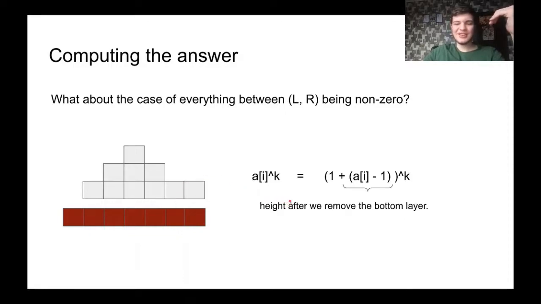So in a way, it will just be the height of this top thing from above. This means that if we open up the brackets, we are going to have an expression which depends on this top part. And that's pretty much what happens.